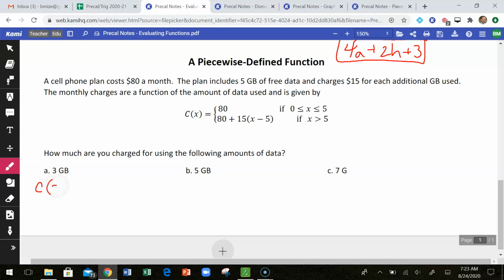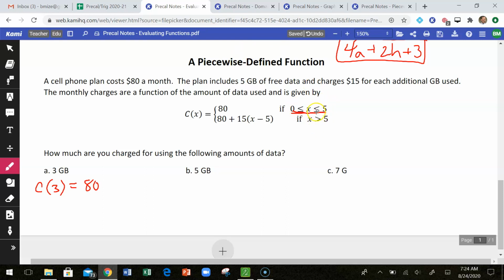So if I go down here to A, if I want to evaluate what is essentially C of 3, I want to know what happens when we use 3 gigs. Well, because 3 falls in this range of x's, that means I just get 80. Okay, I'm going to use that top piece of that function, and that just gives me 80. If we are doing 5 gigabytes of data, again, 5 falls into this first part. You do need to be a little bit careful here.